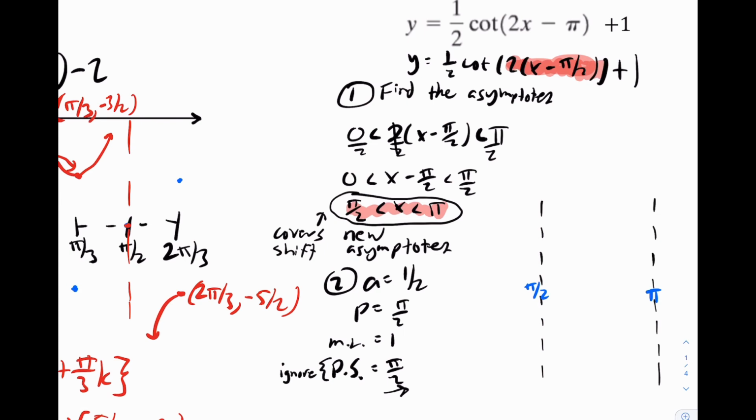Now the tricky thing about this is there is a midline, so there's going to be dotted lines pretty much everywhere, so it will be important that we keep all our numbers straight. So I'll use multiple colors to try to keep it clear. So there's pi over 2, there's pi, and the middle number we have is 1, so we know that this is a 1.